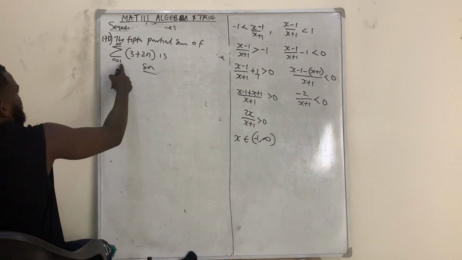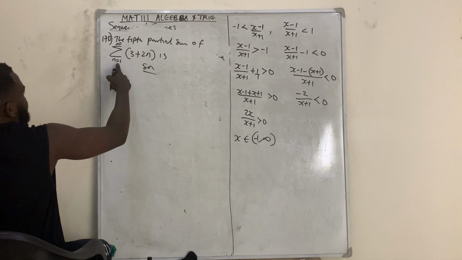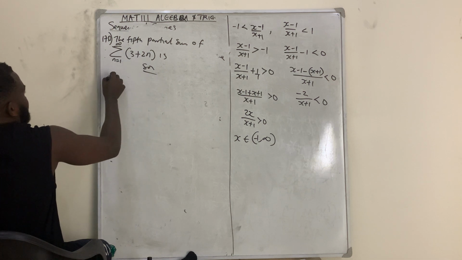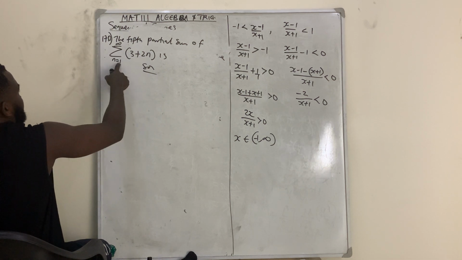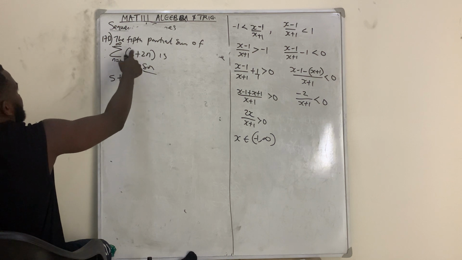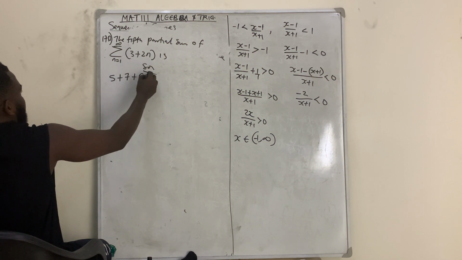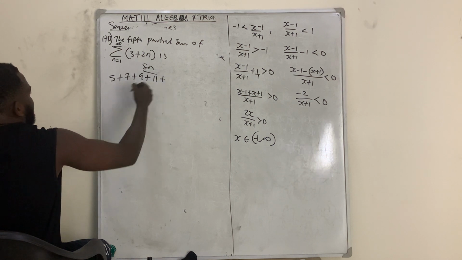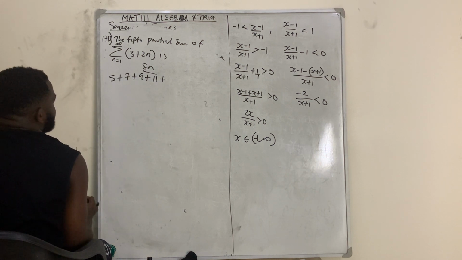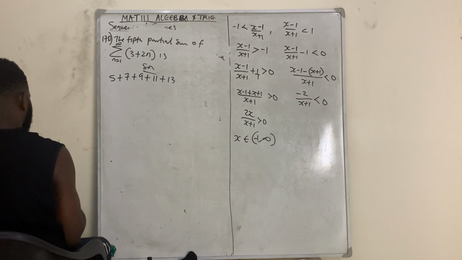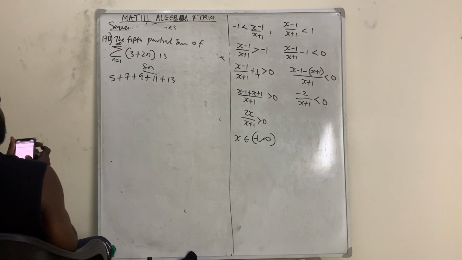The first term is when n is 1: 2 times 1 is 2, 2 plus 3 gives 5. The second term is when n is 2: 2 times 2 is 4, 4 plus 3 is 7. 2 times 3 is 6, 6 plus 3 is 9, plus 11, keep adding 2, now 13. So how many are there? 1, 2, 3, 4, 5. If you add the 5 of them, that is the fifth partial sum.